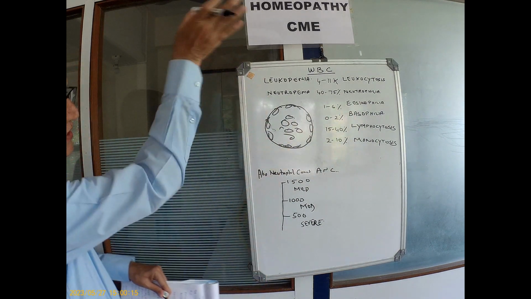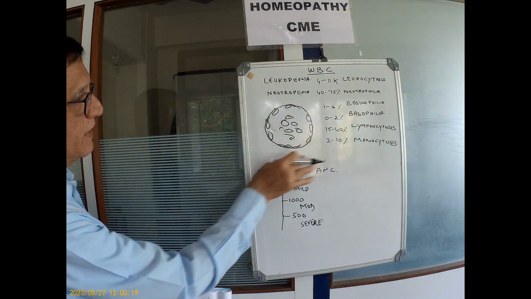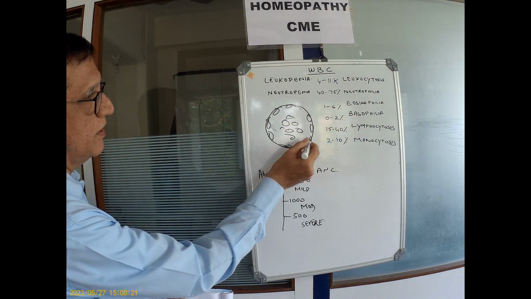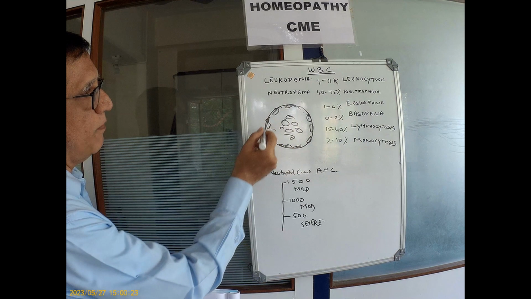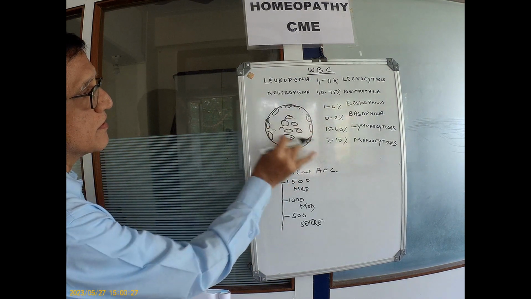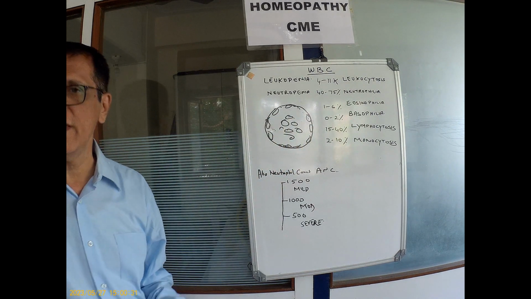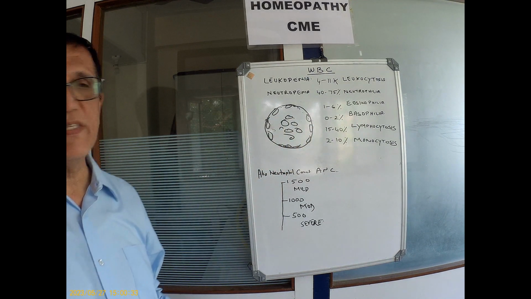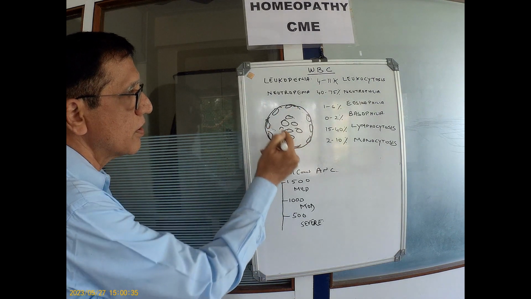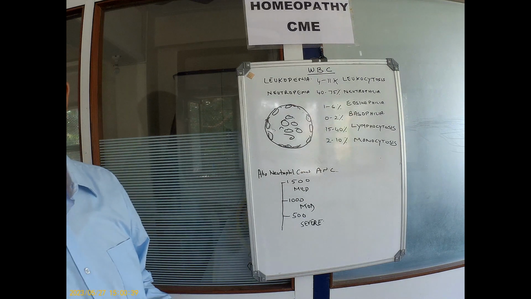So inside this endothelial lining you can see neutrophils attached. These are called marginated neutrophils, and this is the circulating pool of neutrophils. What you measure in the WBC in your CBC report is this circulating pool, not this. It doesn't include the marginated.